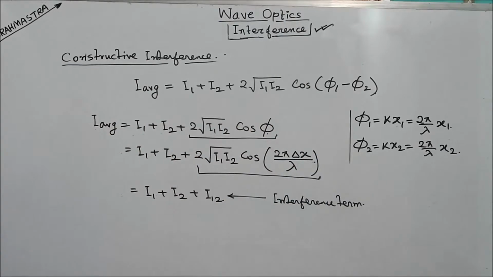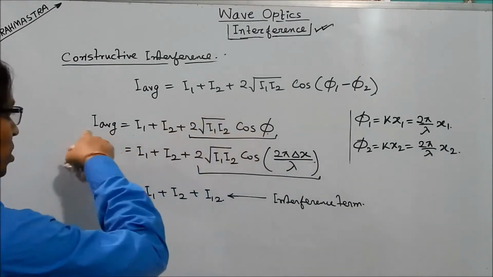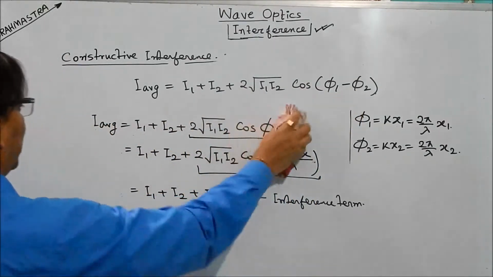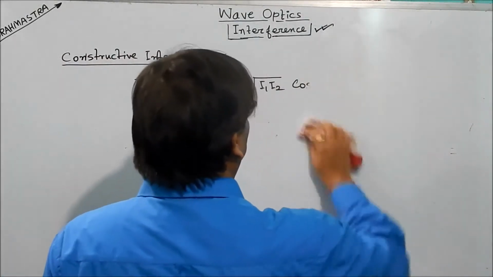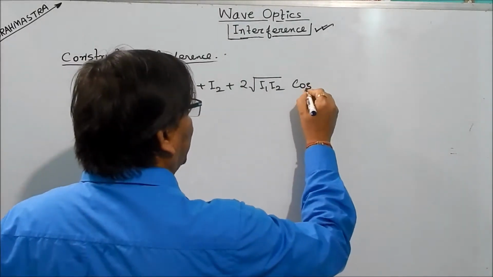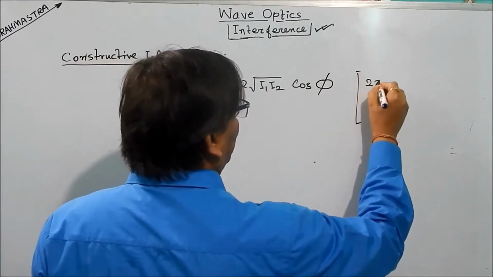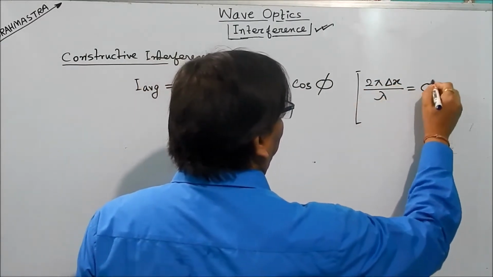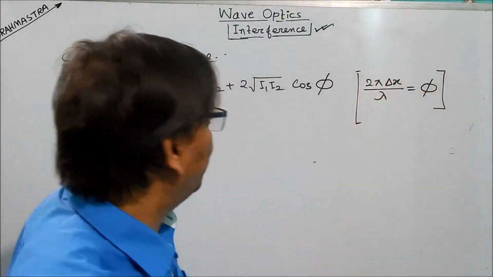Now, if we see the basic formula, I am writing this formula. This is the most basic formula. In place of phi 1 minus phi 2, I am writing phi. Okay. So let us see what things can be expected from this. So this is cos phi. Remember, we have the relation 2 pi delta x by lambda equal to phi, where delta x is path difference and phi is angular phase difference.